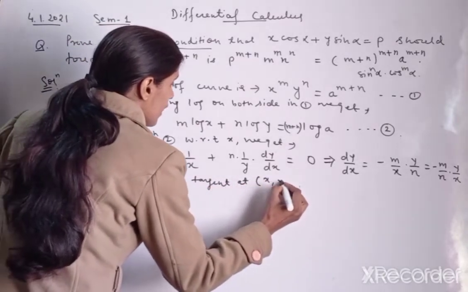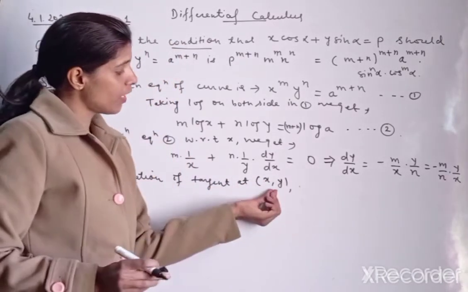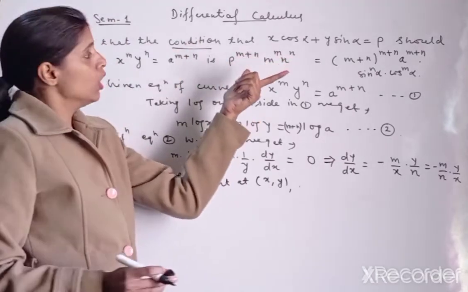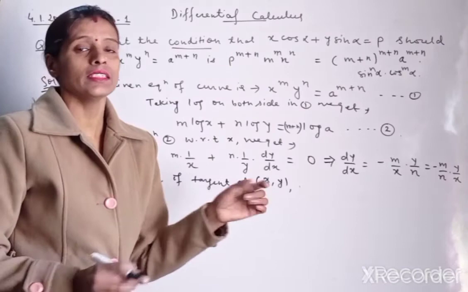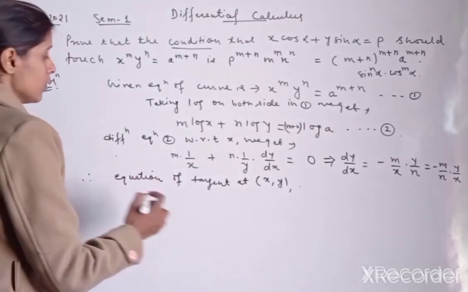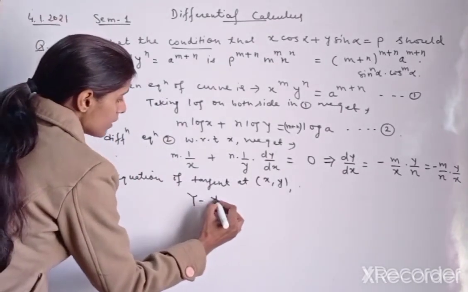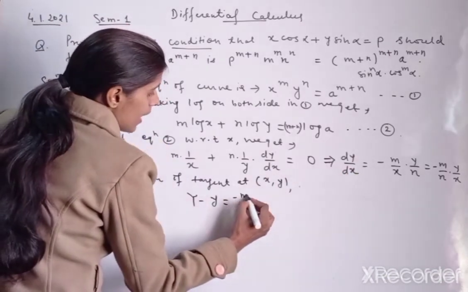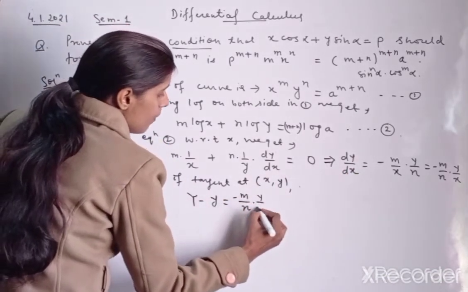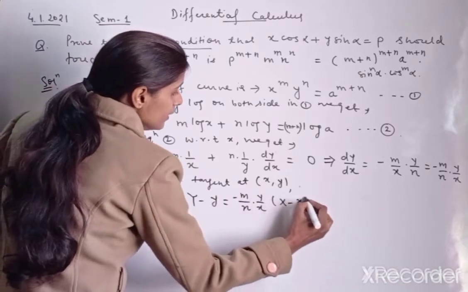at (x, y). Why are we looking at (x, y)? Because here no point is given. So whenever the point is not given, you just find the equation of tangent at (x, y). So what will be the equation of tangent? Y minus y equal to this dy by dx, so minus m by n into y by x, and then X minus x.